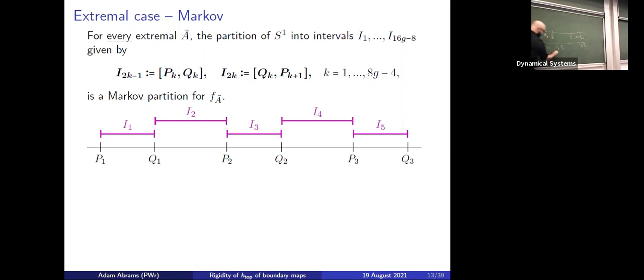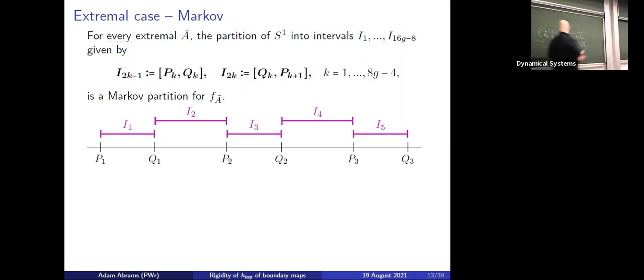You know here that, for example, if this is T1 and Q1, you know that FA is going to be T1 here for all extremal parameters. You just don't know what's happening between P1 and Q1. That depends on your parameter.